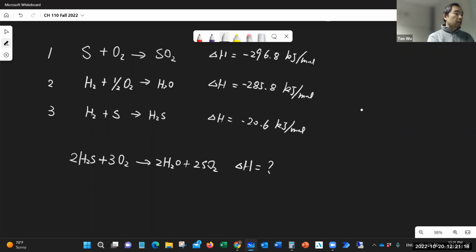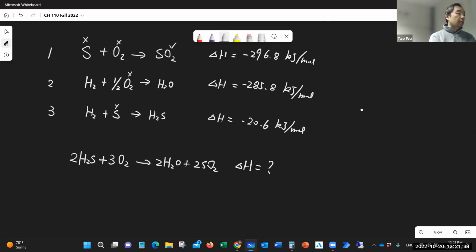Looks like sulfur is not unique because it shows up in both equations 1 and 3. Oxygen is not unique because it also shows up in 1 and 2. So SO2 is unique. It only shows up in the first equation.